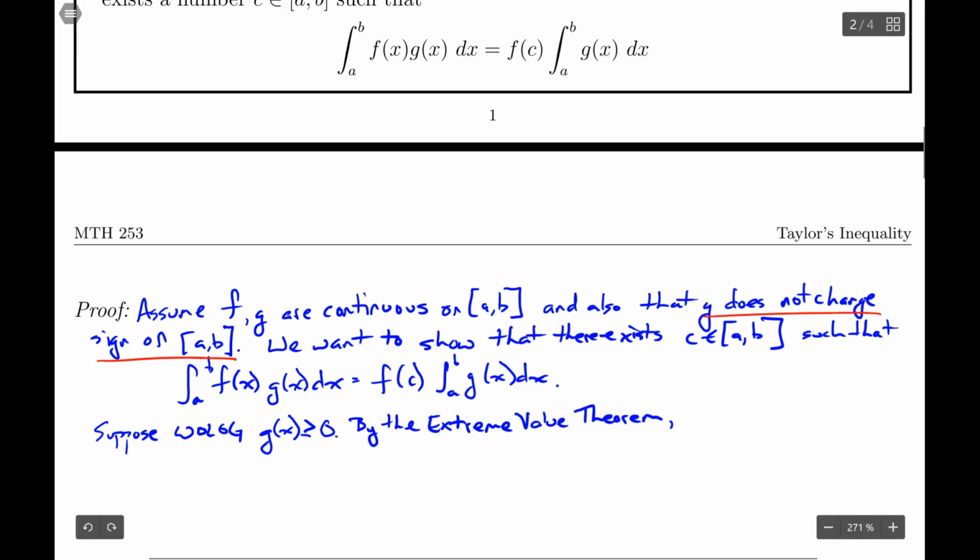Now we know that f is continuous on this closed interval from a to b.